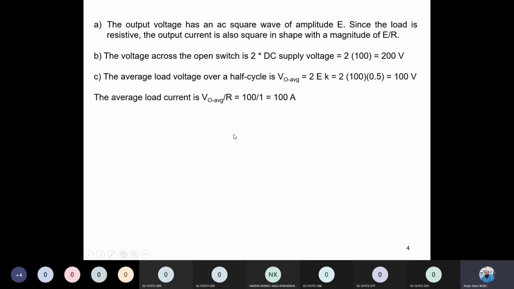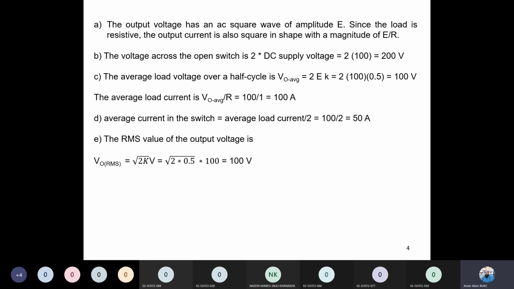तो ये चीजें explain की गई हैं। एवरेज करंट निकाला गया है, आउटपुट एवरेज divided by the resistance. तो these are just simple numerical examples.